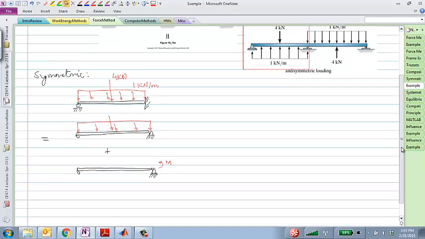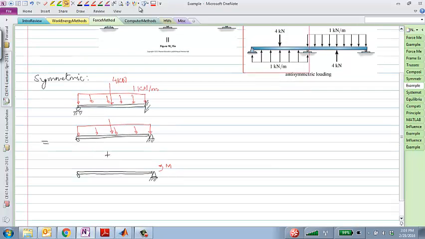So in this case, I would get some rotation theta A, and in the other case also I would get some rotation theta A prime, which would be equal to F, well actually I should use alpha for rotation and moments.